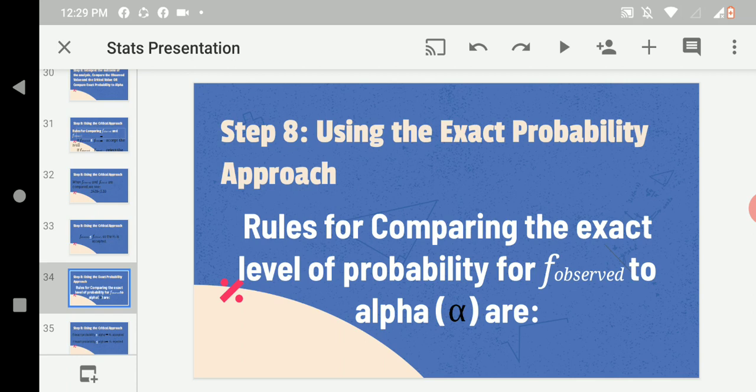Okay, now let's see if the approaches are the same. Using the exact probability approach, here are the rules for comparing the exact level of probability. The F observed is also the F ratio. So we're just going to compare the exact probability to alpha.